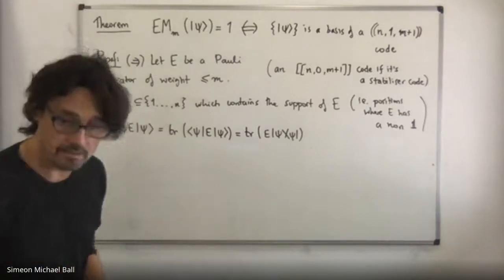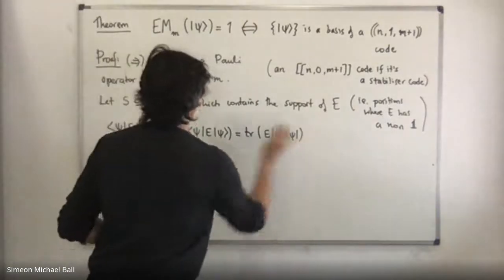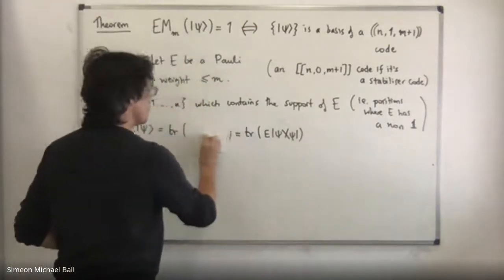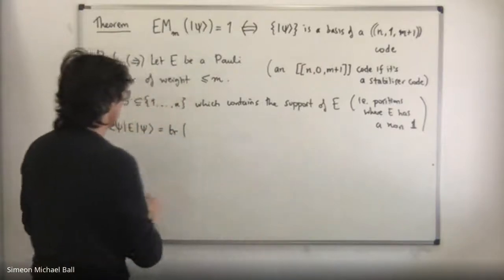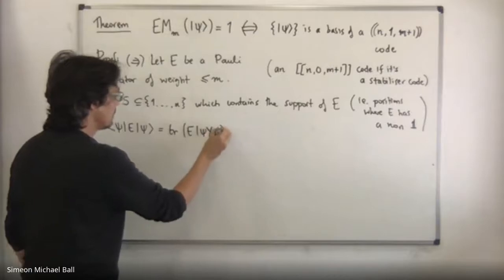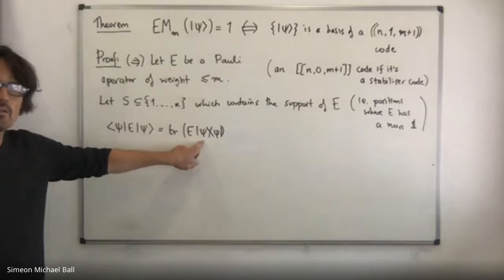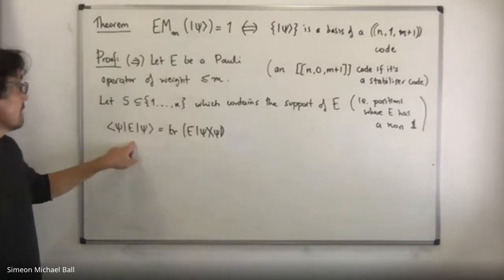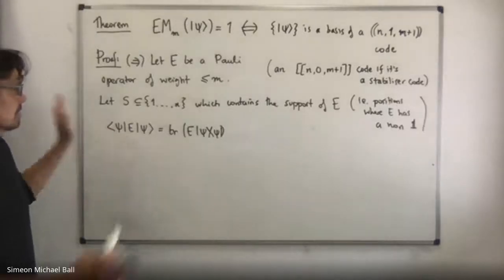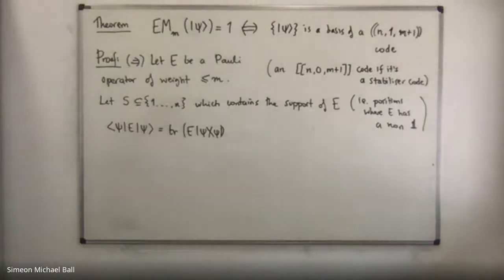So we could just go straight there. You get 1 here and you get this there. Okay, so this is equal to its trace.